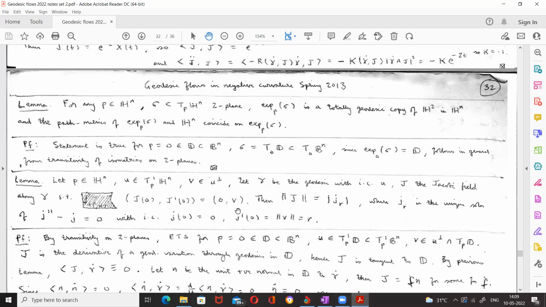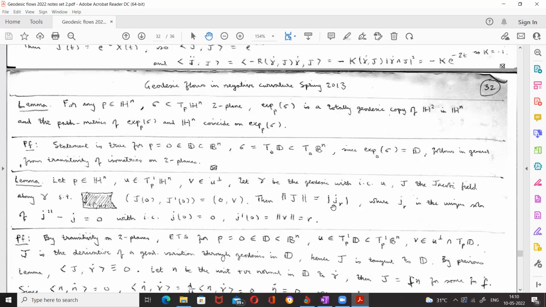So, the key to this proof of Alexandrov's theorem is a study of Jacobi fields in Hn and Jacobi fields in the manifold X. Okay, so first we need this lemma: if I take a point P in Hn, and U is a unit tangent vector at P to Hn, and V is a vector in U perp, then if I take gamma to be the geodesic with initial condition U, so that means gamma(0) is P and gamma'(0) is U, and I take J to be the unique Jacobi field along gamma with initial conditions J(0) equal to 0 and J'(0) equal to V, then I can calculate the norm of this Jacobi field explicitly.